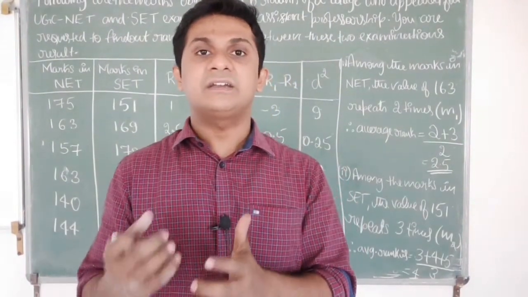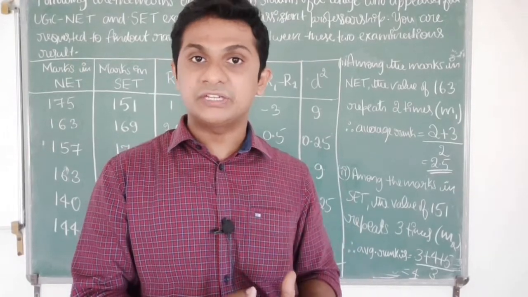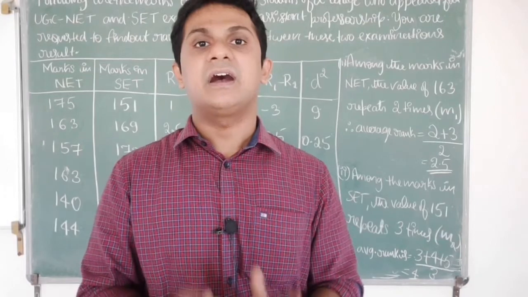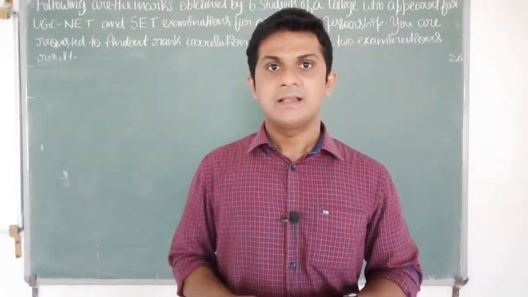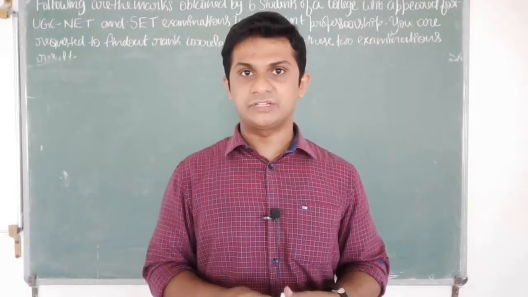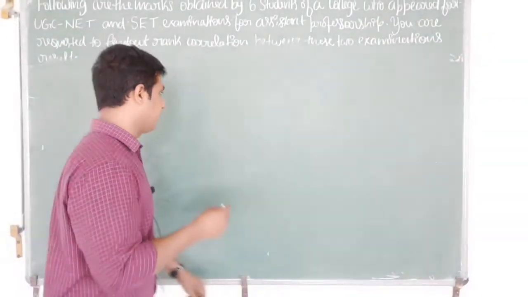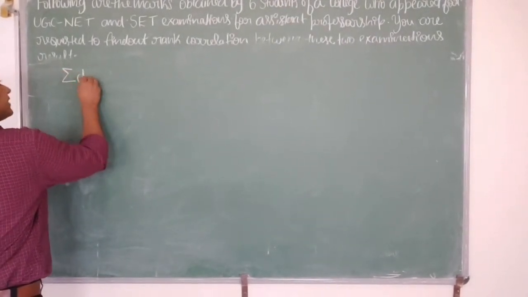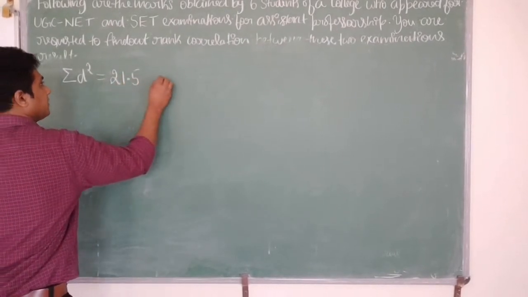Next we will see how we apply the modified equation to calculate Spearman's rank correlation under the situation of repeated ranks. Let's proceed towards the calculation of the correlation coefficient. We have already calculated a few values. We know sigma d square, which we calculated earlier, is 21.5.